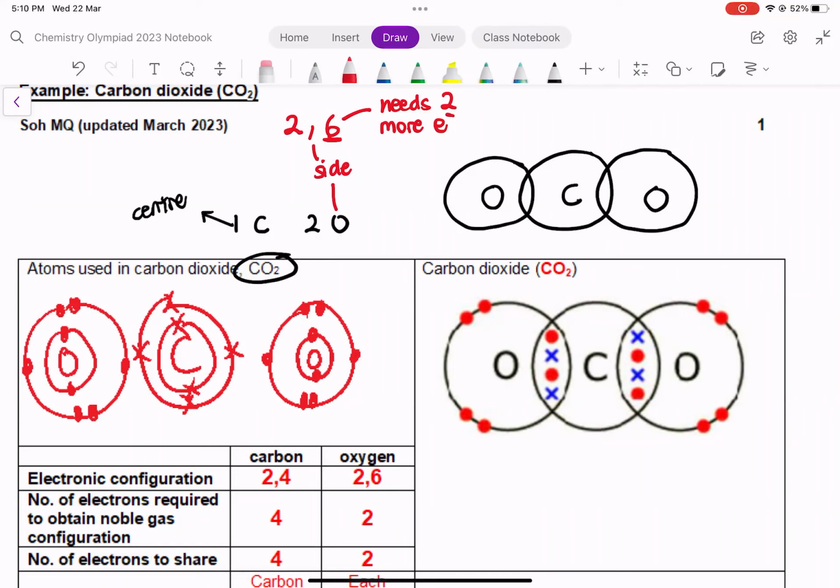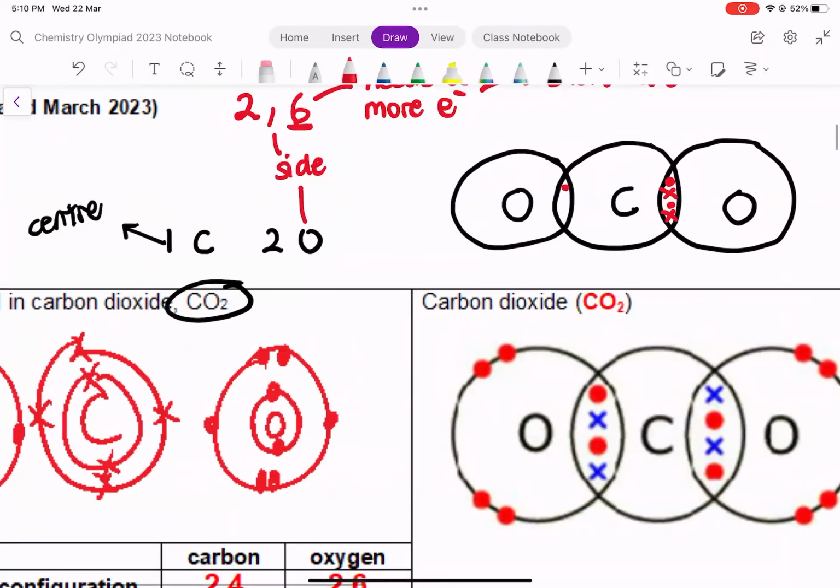Currently I only have 6, so it needs 2 more. If it needs 2 more, it has to share 2 electrons. What does sharing 2 electrons look like? I share one with you, you share one with me, dot and cross. But I'm sharing 2, so it's dot cross, dot cross. Same with the other side.